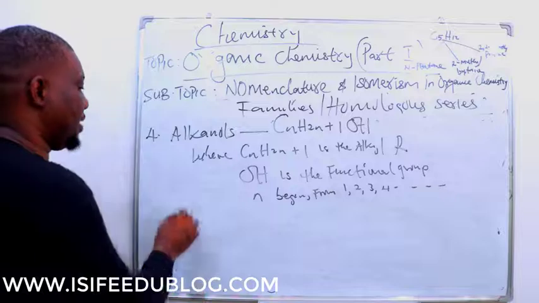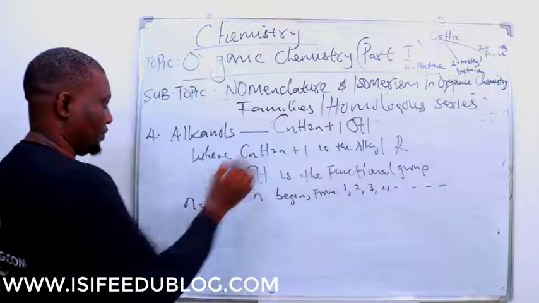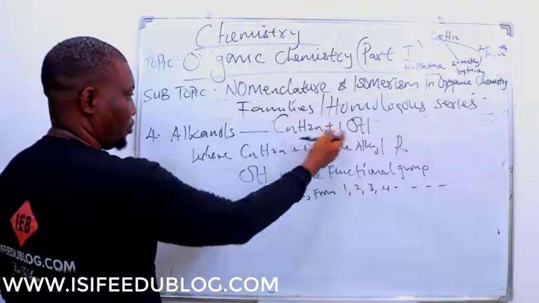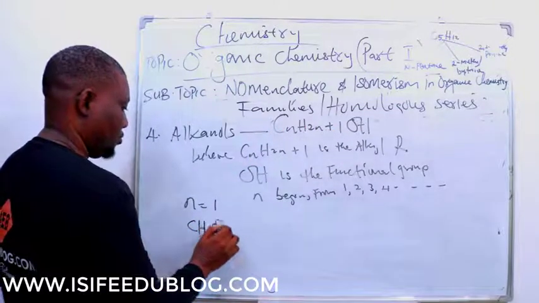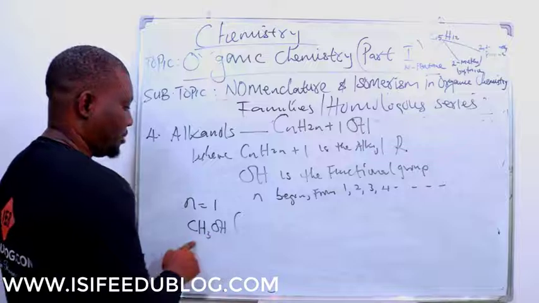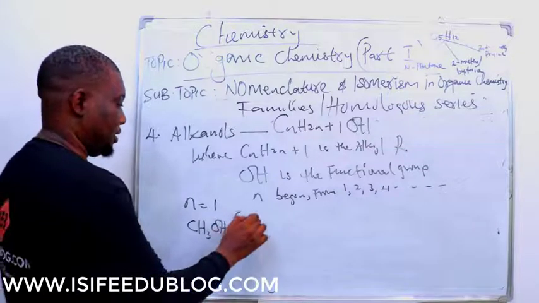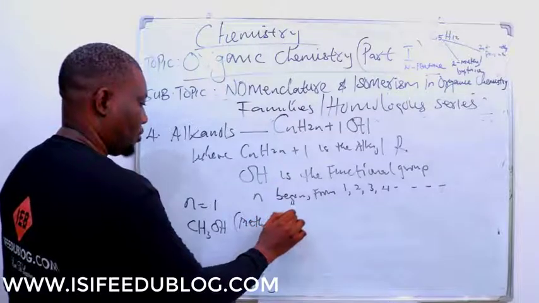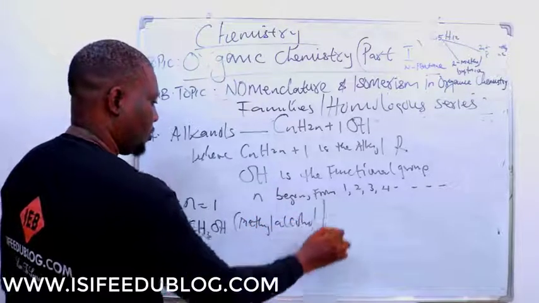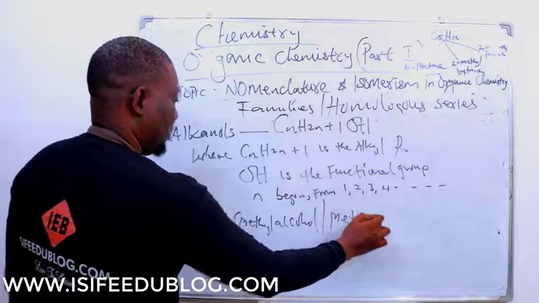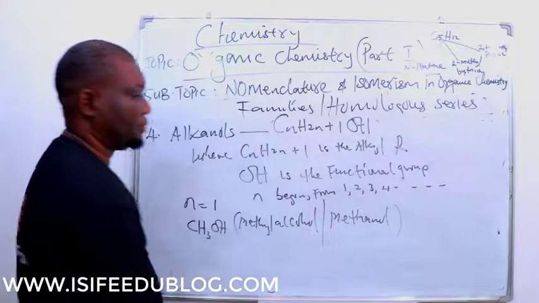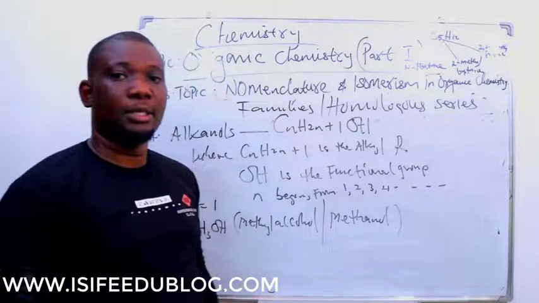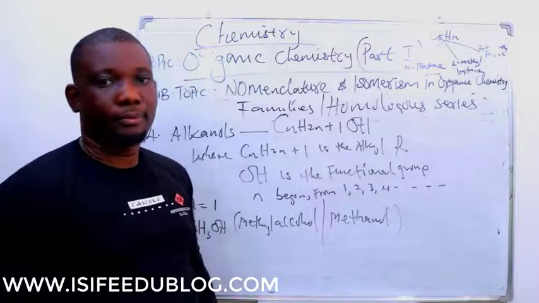And then if n is 1, we have here C1, 1 times 2 plus 1, H3, OH. This is the first member of the alkanol, which is methyl. Since that R is there, this is methyl alcohol, or I can simply call it methanol. It's just removing the e ending of the alkane and replacing it with ol.